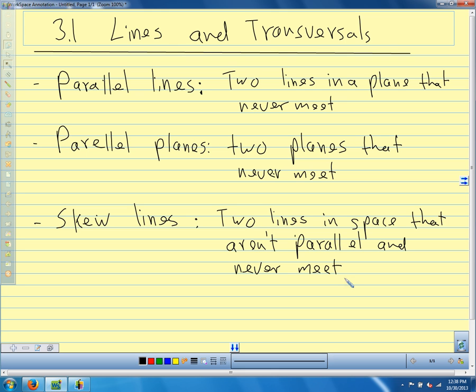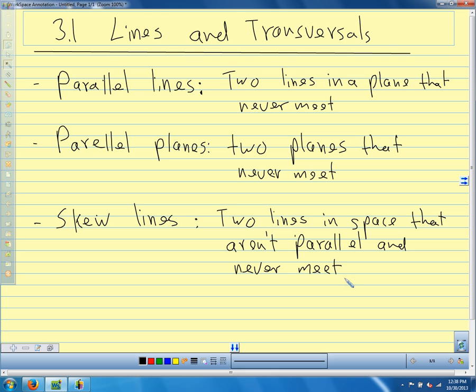So can anybody think of how we might be able to think of skew lines? These are two lines in space, so we're in 3 dimensions. They never meet, but they're not parallel. So they're not going the same direction.